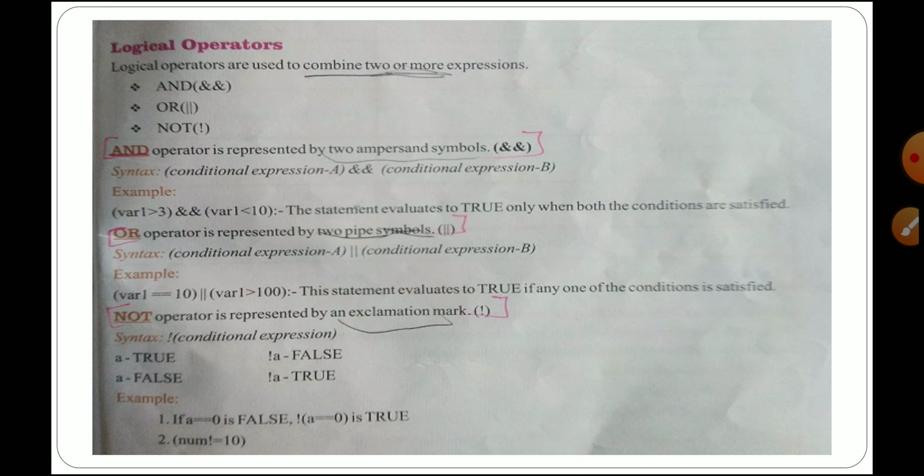If any one of expression A and B is false, the result will be false. That is the use of the AND operator.